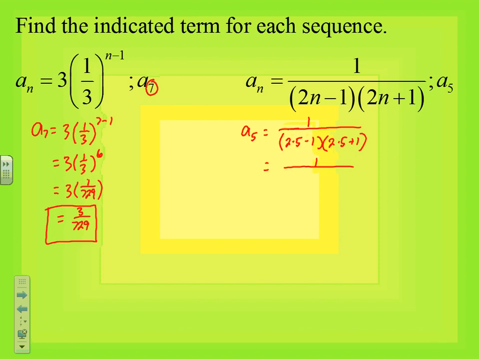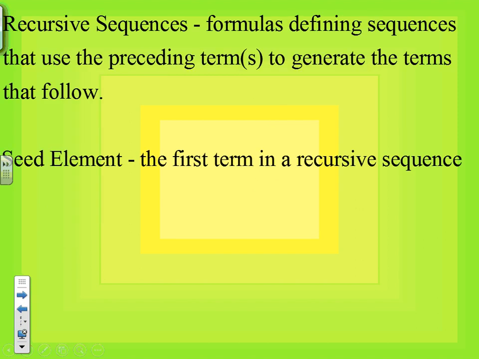So the one on the left, 2 times 5 is 10. 10 minus 1 gives me 9. And then 10 plus 1 gives me 11 here. So I get 1 over 99 for the 5th term of this particular sequence. All right, just basic substitution.